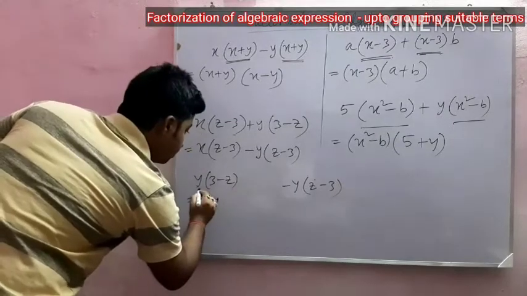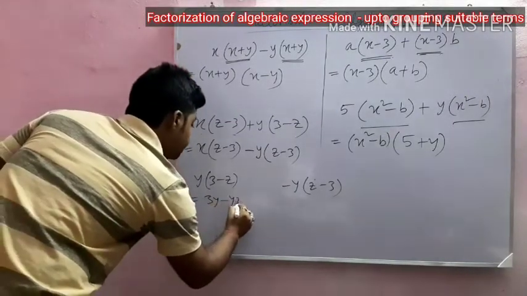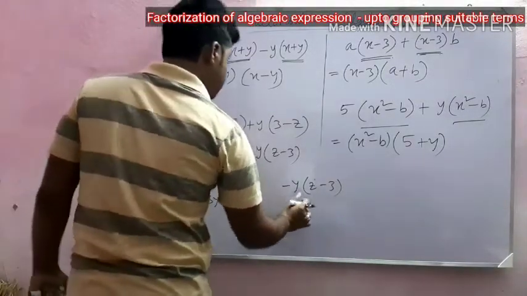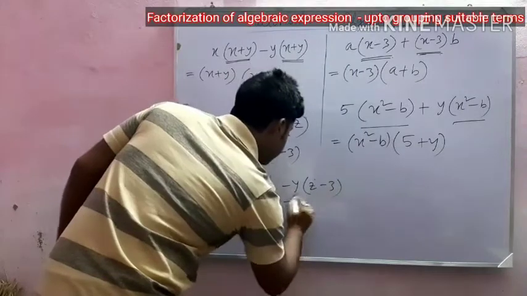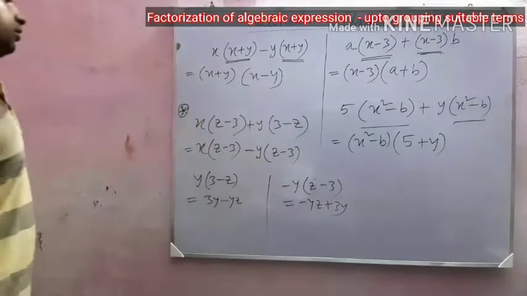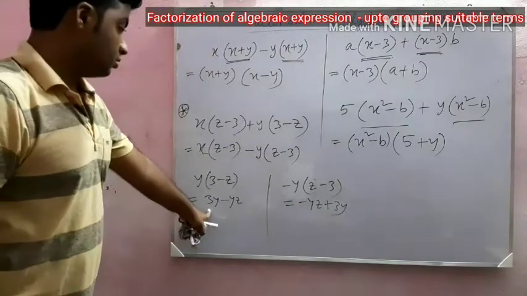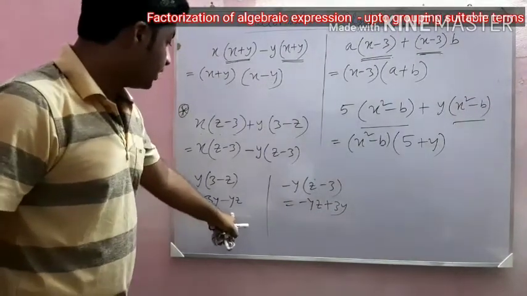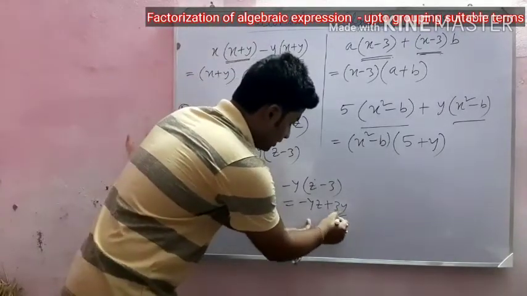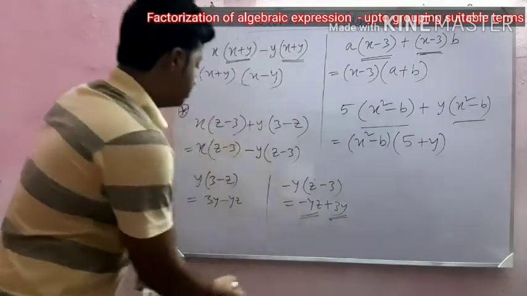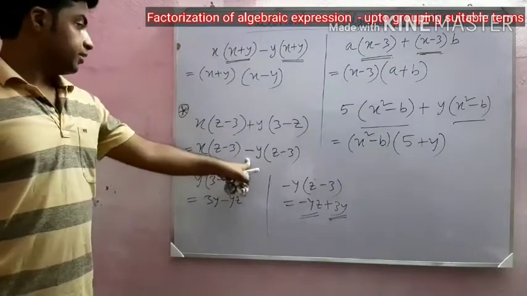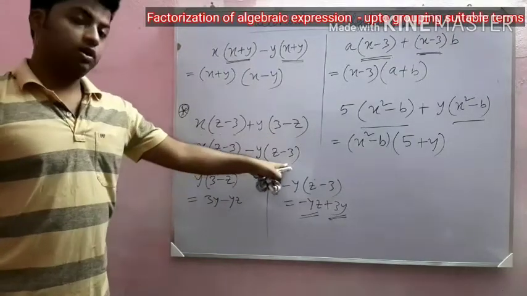If we apply the distributive property, this is 3y minus yz, right? Apply the distributive property here also. This will become minus yz plus 3y. So the term is plus 3y minus yz. Here I also have plus 3y and minus yz. So they are actually the same terms, so I can write this term as this one.